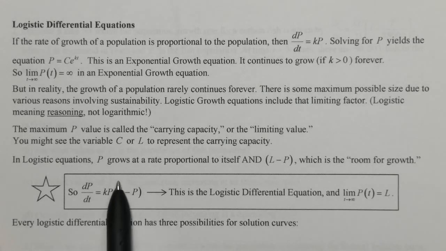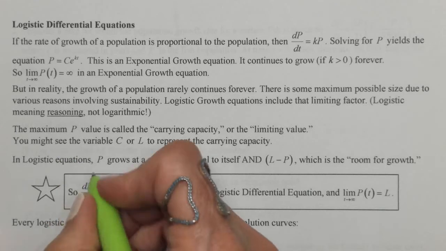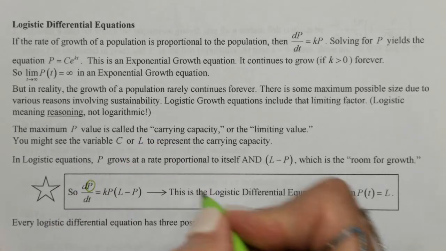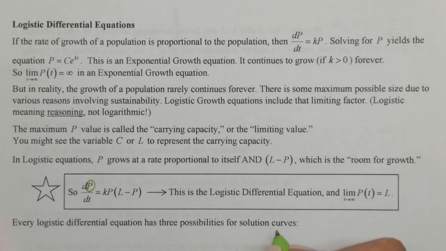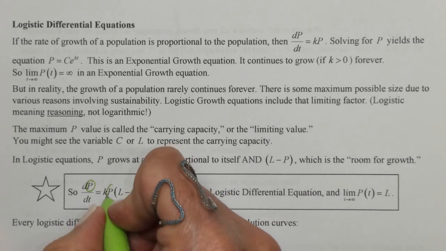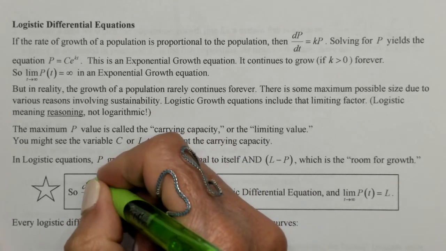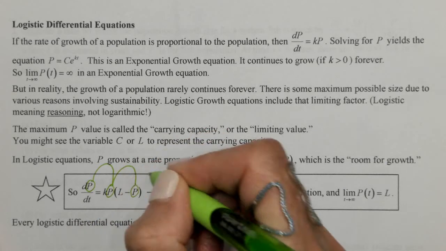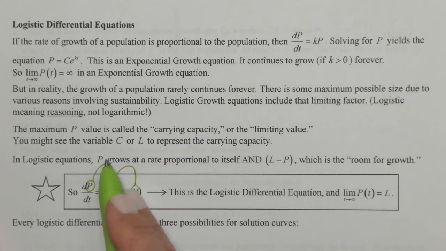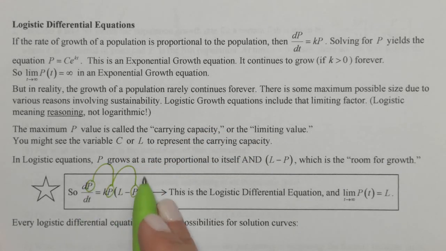A couple of things about this equation I want you to take note of. I need you to recognize this as a logistic differential equation. One way to recognize it is whatever variable is up here must be here and here. You can think of it as the McDonald's Golden Arches, or you can think of it as Mrs. Murray.